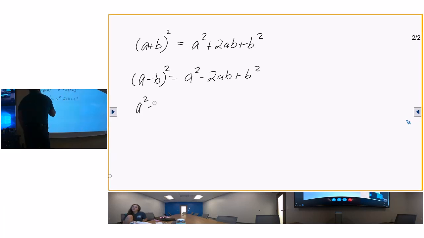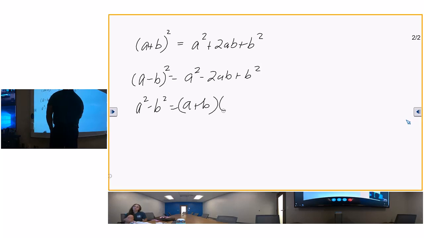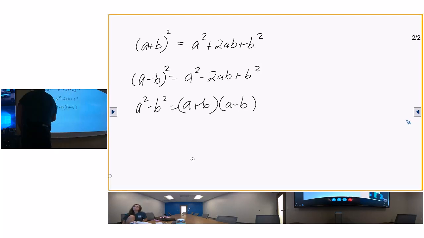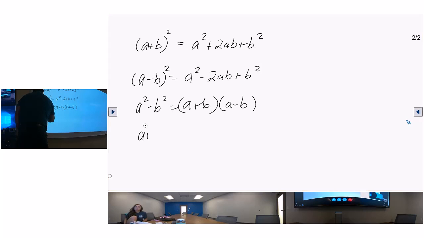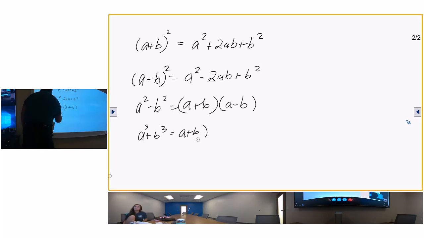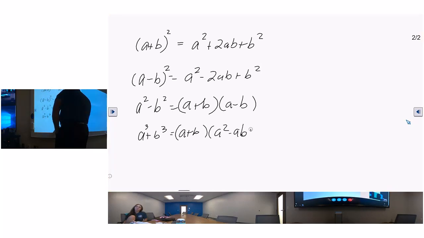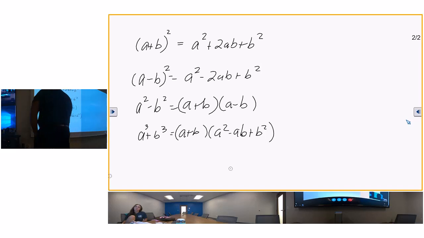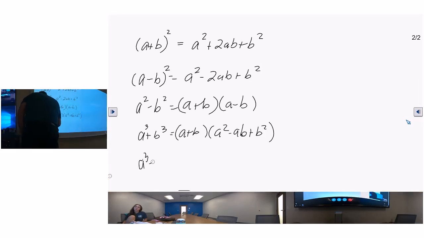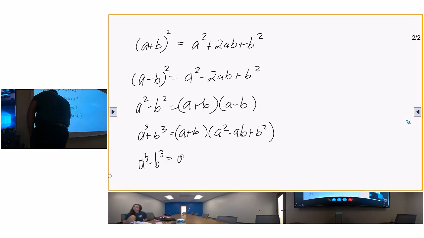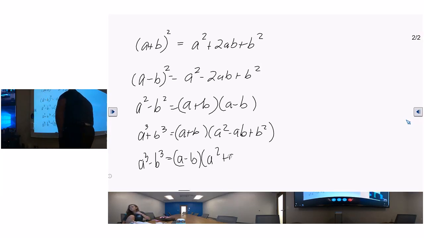A squared minus B squared is equal to A plus B times A minus B, and A cubed plus B cubed is equal to A plus B times A squared minus AB plus B squared, and A cubed minus B cubed is equal to A minus B times A squared plus AB plus B squared.